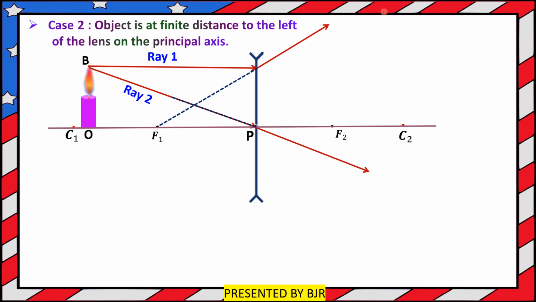So when the observer comes and intercepts these refracted rays, he sees the image of this object. See here, here the image has been formed. So the image of the object OB is formed between P and F. This image can be seen only by the observer here. We cannot see this image.